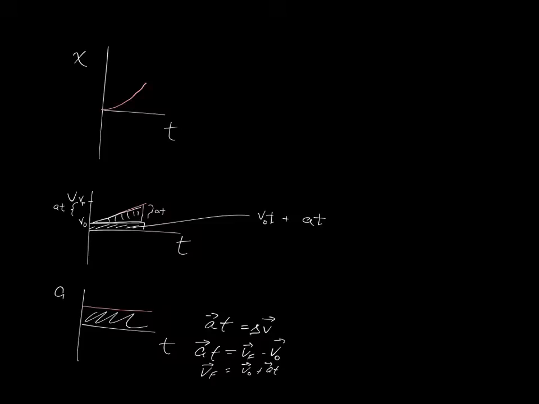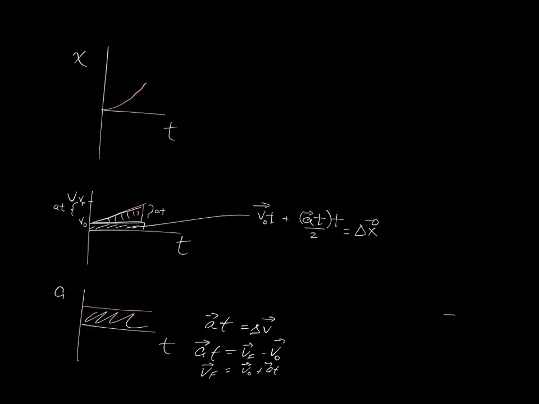I have to divide by 2, but I also have to multiply by the base of that triangle, right? So I get AT times t divided by 2, okay? And of course, the velocity and acceleration are vectors, and the triangle and the rectangle, since those are the areas of a velocity graph, that's going to be displacement, right?